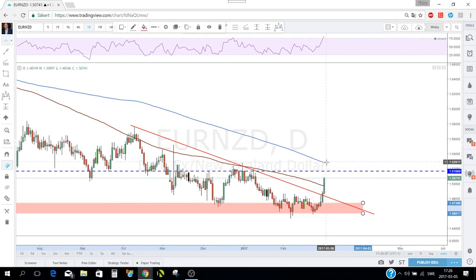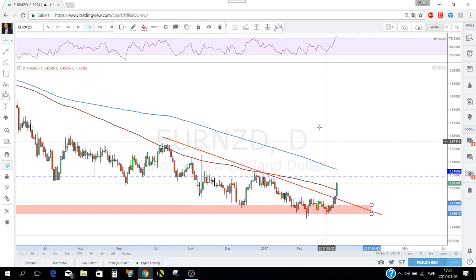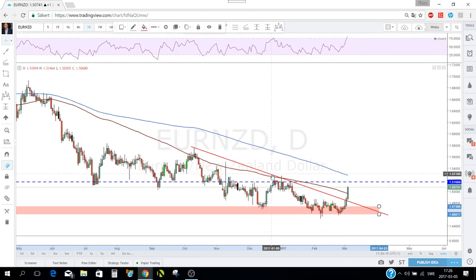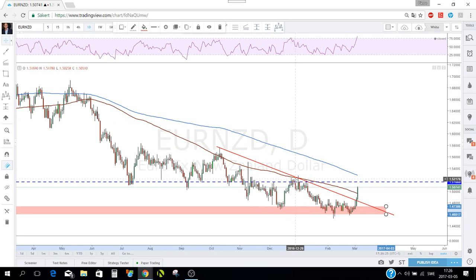But it got oversold very fast on the daily, as you see here. So it is oversold exactly at this structure here, and this structure may act another time as resistance, because it did act as resistance many times back here, as you see.